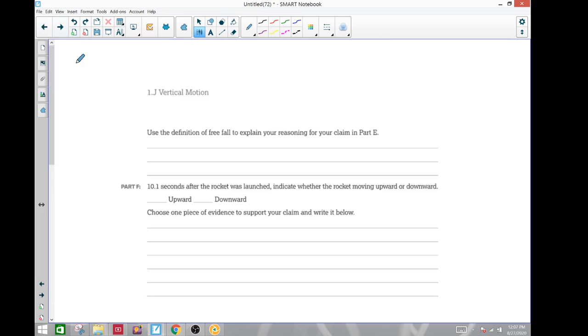Use the definition of free fall to explain your reasoning to part E. Essentially, free fall is when we're just being pulled by gravity. Gravity pulls everything at the same rate, which is acceleration equaling 9.8. Now we're still going to have a positive velocity, we're still going up.